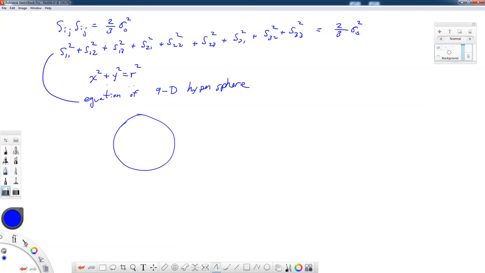There are certain constraints on the shape of this circle. We'll talk about those soon as well. But this is a circle. It's a surface, and that surface has a radius. Call that capital R, and our capital R is going to be the square root of 2/3 times sigma naught. So it's a hypersphere of this radius.